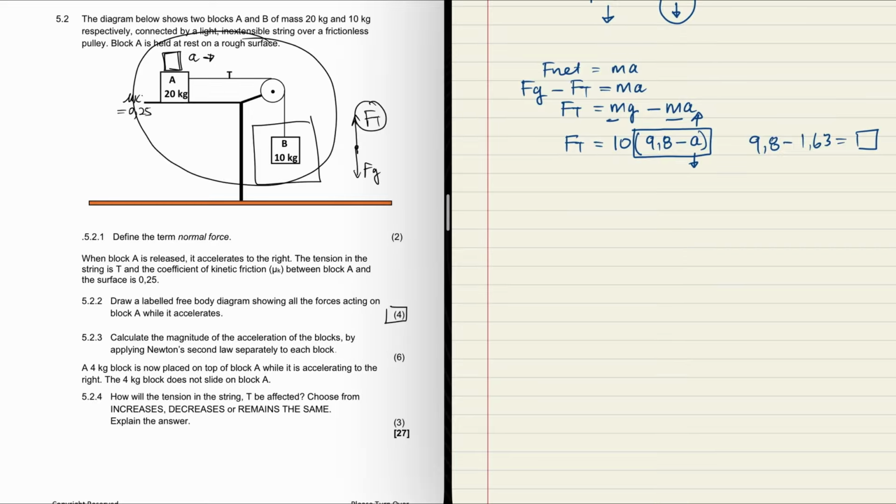But if we decrease that acceleration, say 9,8 minus, let's make it 1, that's going to equal 8,8, 8,17. So it's clear here that the difference has increased. So if this increases, it means that FT will also increase.